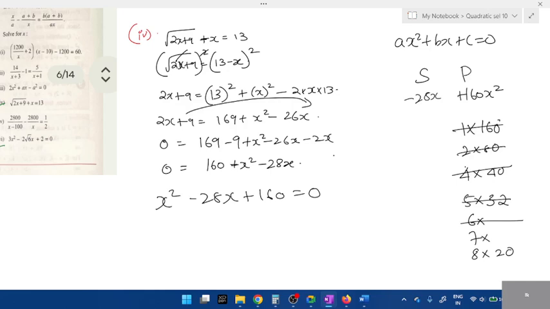Okay, if you have done, check the answer in your textbook. Just split. So try up to 10. Definitely you will get any one number.